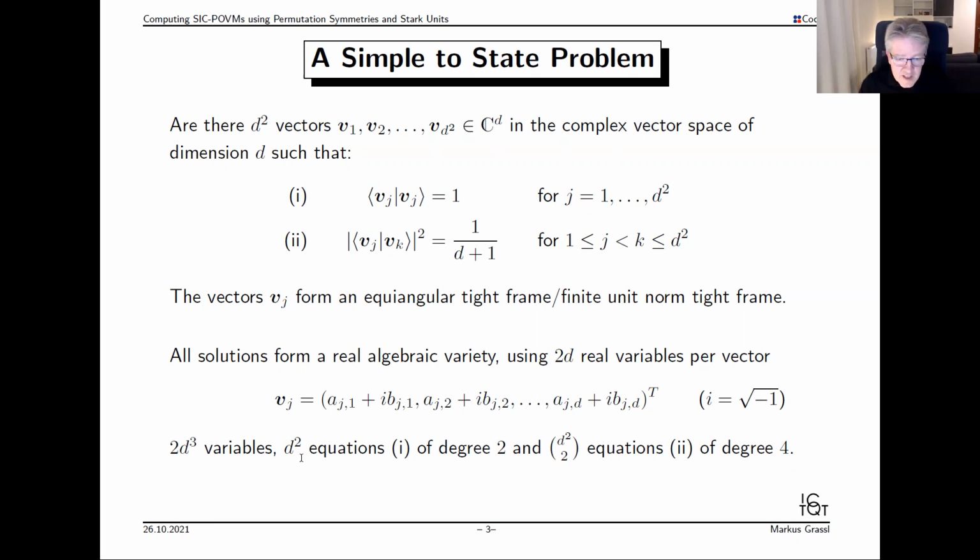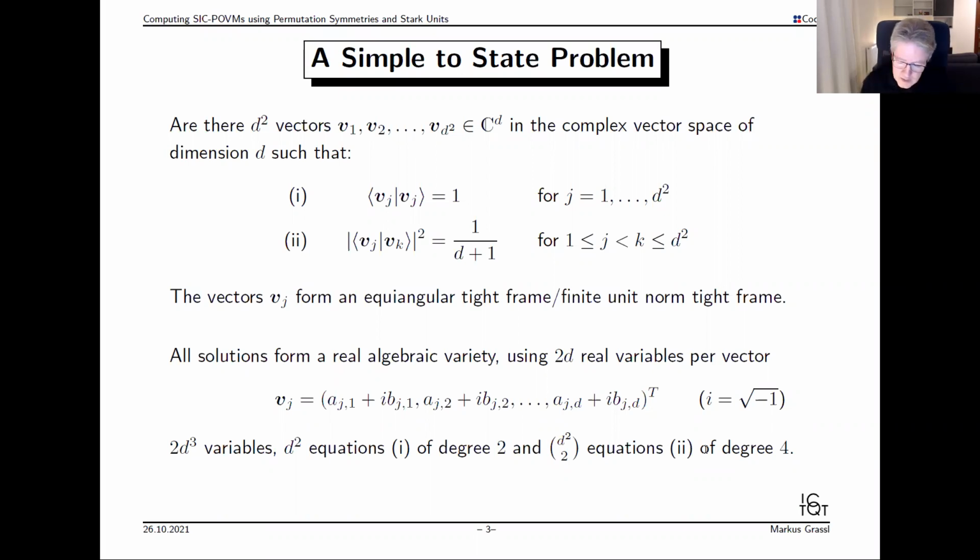We get d-squared equations from the normalization condition, and we get d-squared choose 2 equations for all the pairs of vectors that have the inner product. That quickly becomes infeasible. Actually, already for dimension 3, we are getting in some trouble when we try to do that.